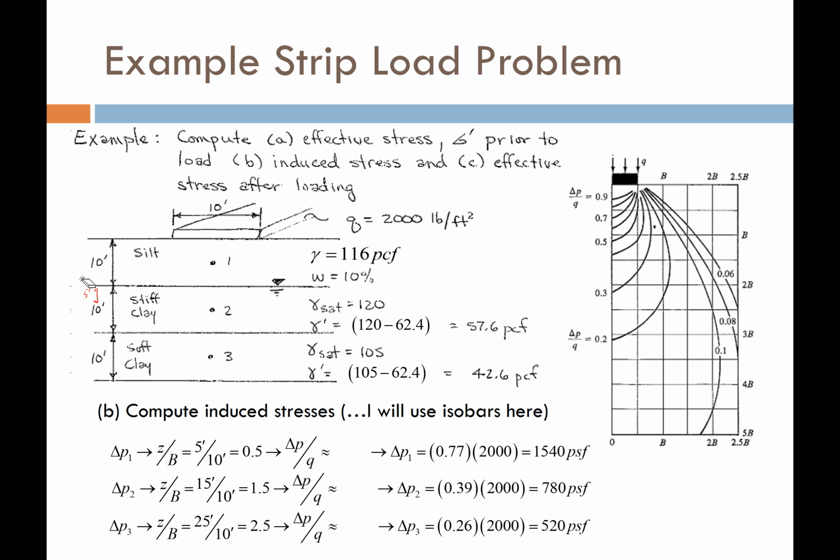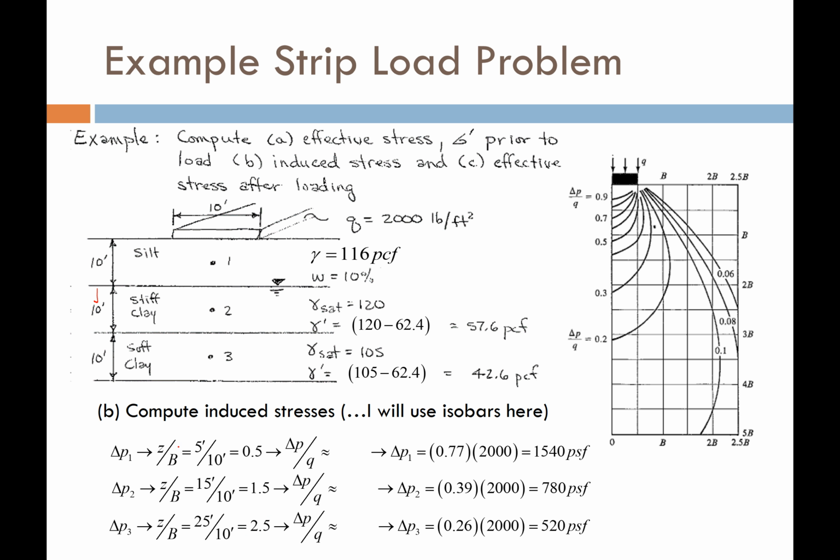For point number 3, z is going to equal 25 feet below my applied load. B is always going to be 10 feet because remember, B is the width of my applied load, or my strip footing. So once I get these ratios, I get 0.5 for point number 1, 1.5 for point number 2, and 2.5 for point number 3.